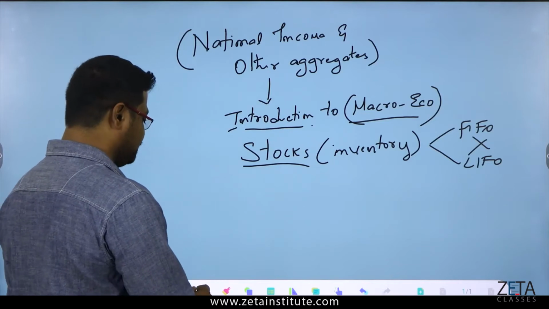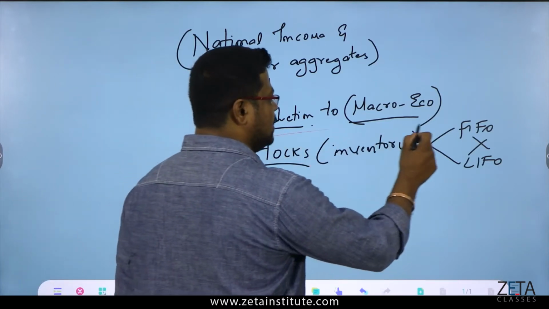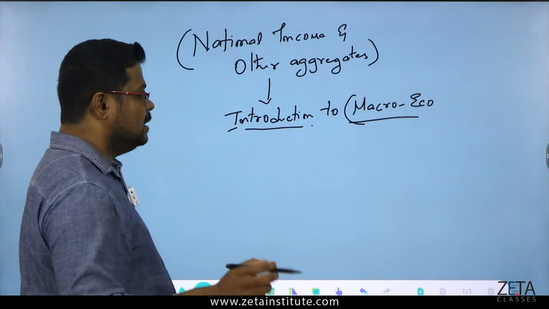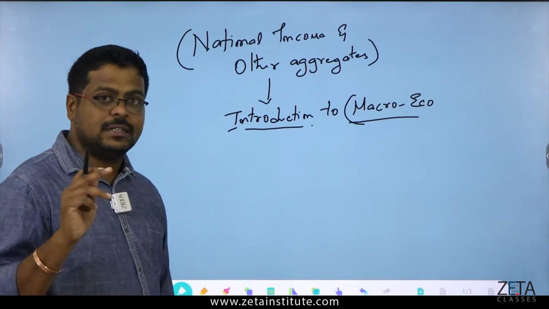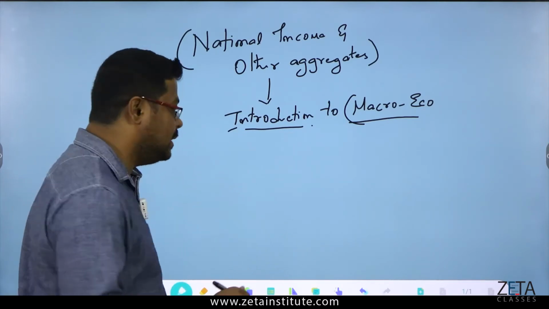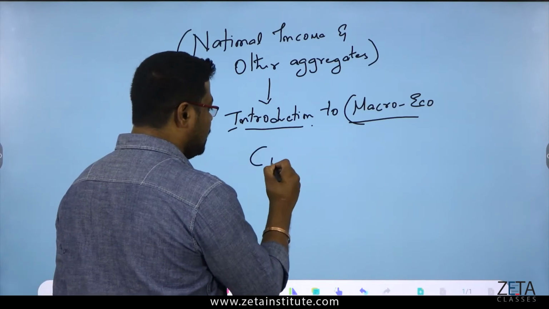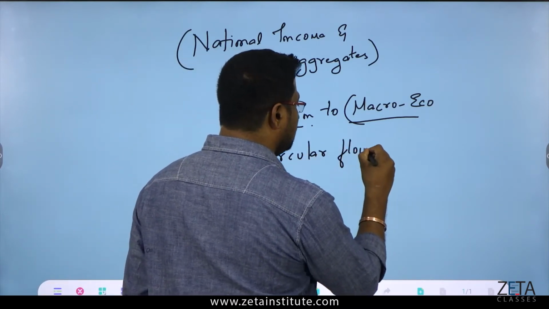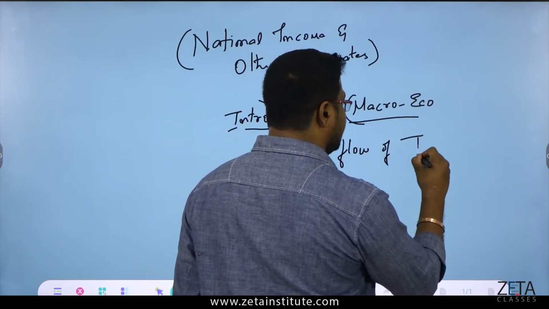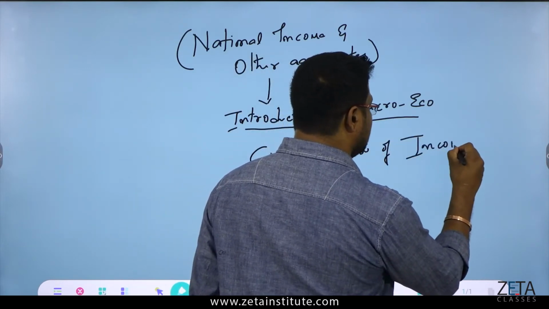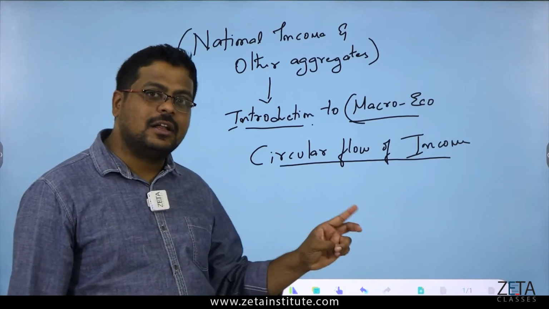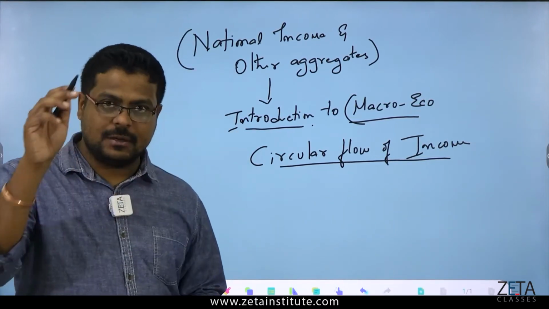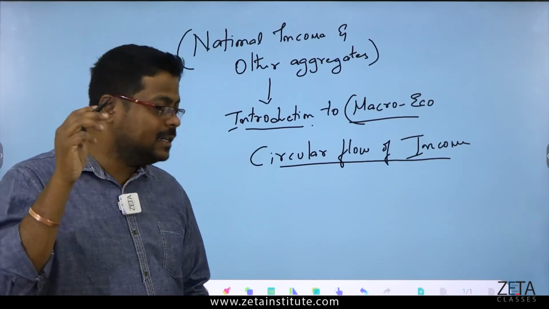Now, in this chapter all these things are basic things. What you have to understand in this topic, which is very important, is the circular flow of income. As I was saying, the name itself tells you that it is circular.